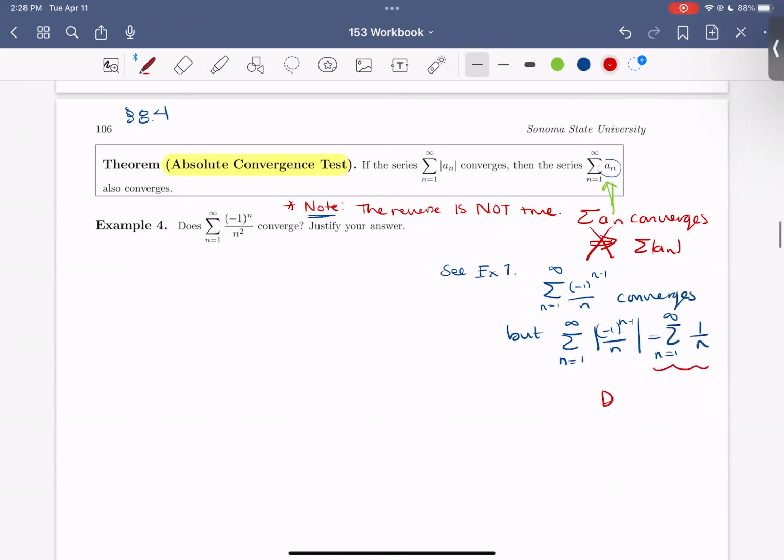This, we know, does not converge by the p-series test. This is a p-series with p equals 1.